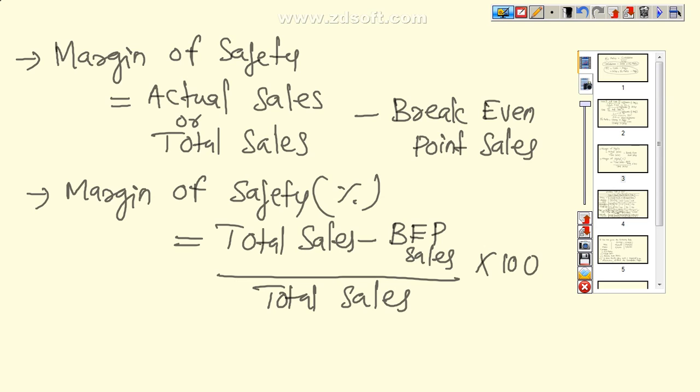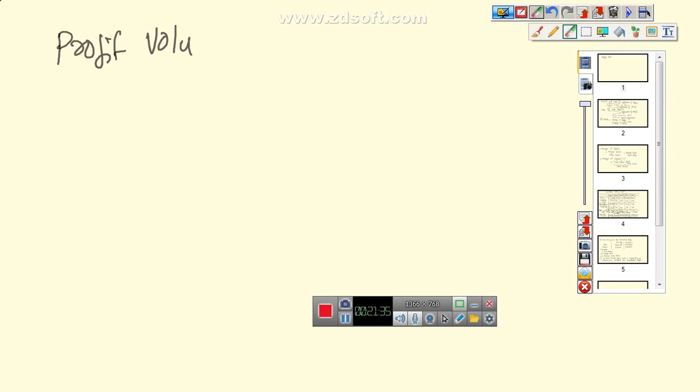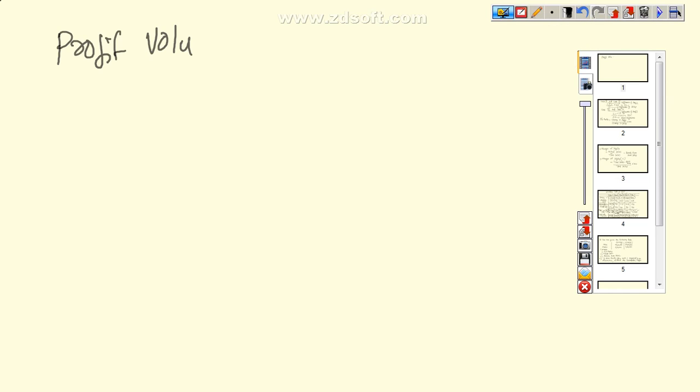Now there is a connectivity in between profit volume ratio and variable cost ratio. Profit volume ratio, that we term as PV ratio, and there is one more term that we term as variable cost ratio.